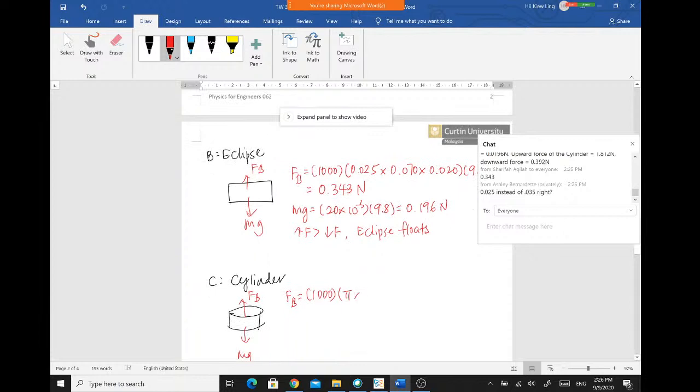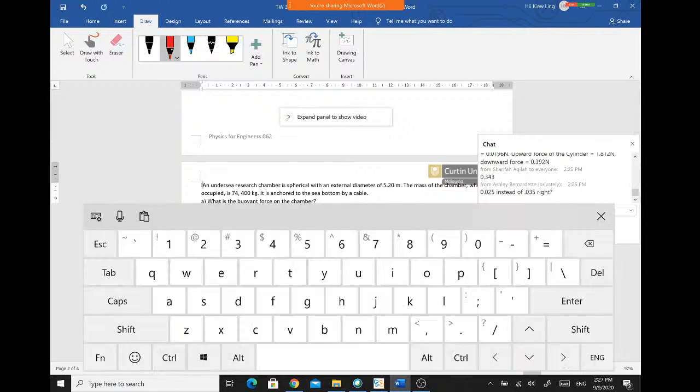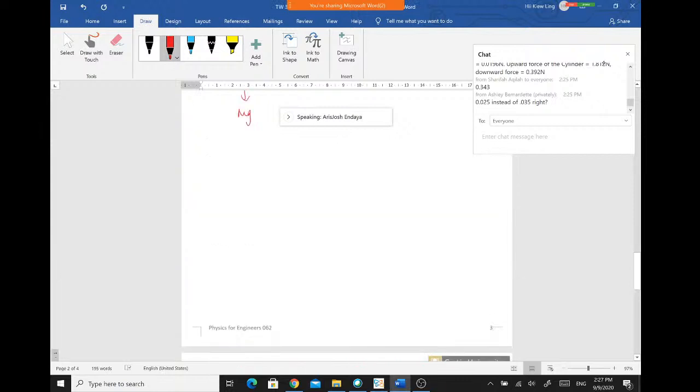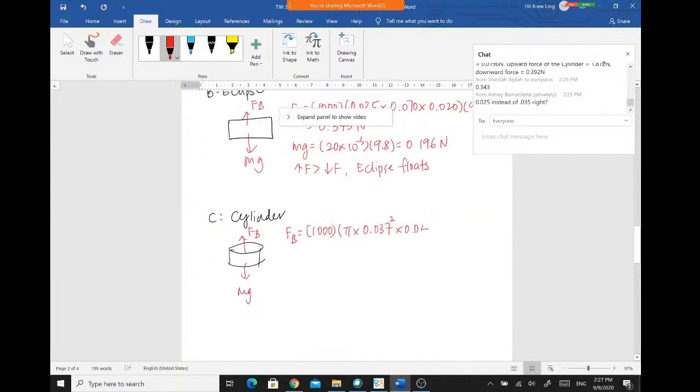So the volume of cylinder, pi r squared. Diameter is 7.4. So convert to SI unit, 0.074. Convert to radius, 0.037 squared times the height, which is 0.043. Times 9.8.